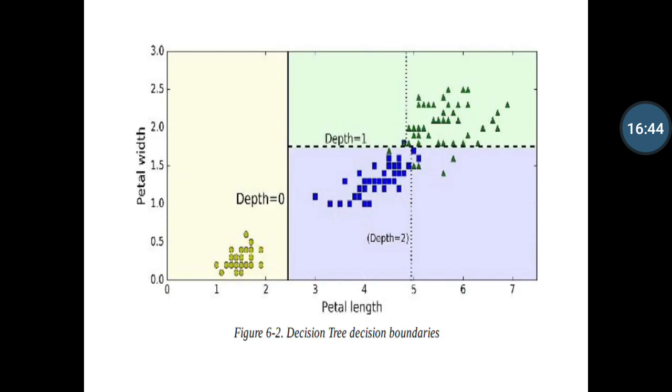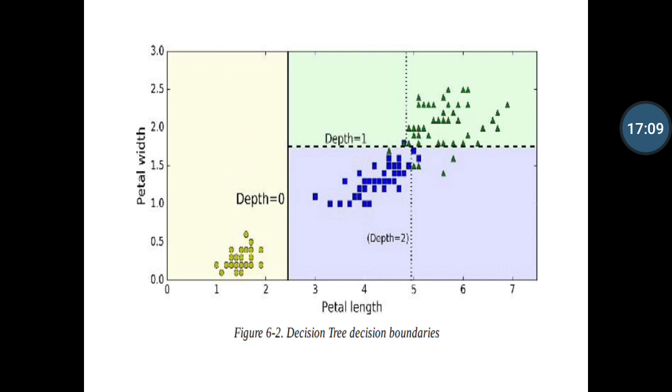So you can notice that here I am showing a graphical representation of decision tree boundaries, with the x-axis as petal length and the y-axis as petal width, from 0 to 3 on the y-axis and 0 to 7 on the x-axis. You can notice that the space is divided into three partitions in this graph.